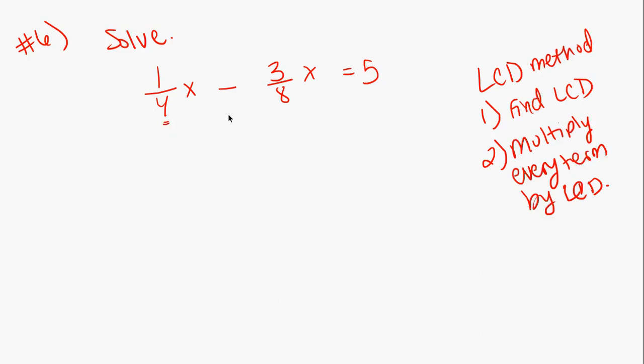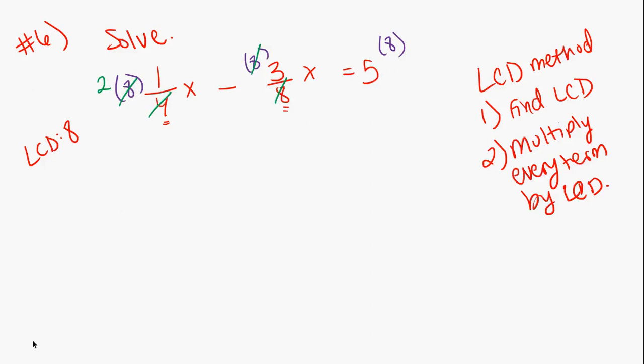So in this case, we have a 4 and we have an 8. So the LCD is 8. So we multiply this term by 8, this term by 8, and this term by 8. On the first fraction, the 4 and the 8 cancel to leave you with 2. Here, the 8 and the 8 over here cancel.